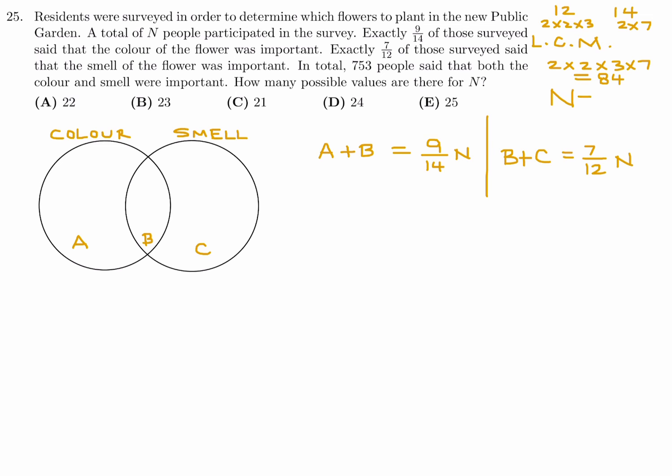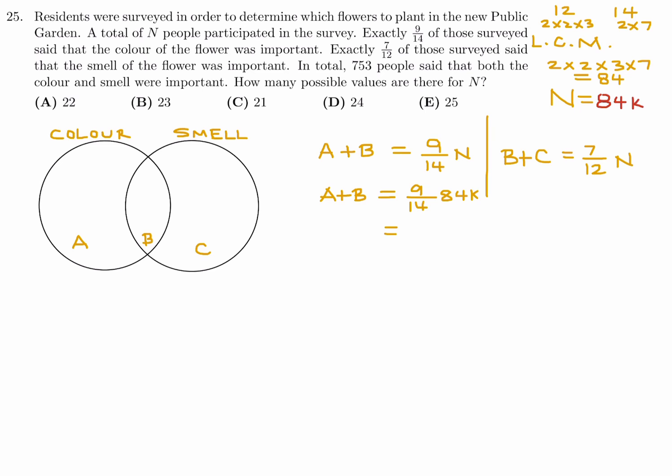So N is of the form 84K. It's got to be some multiple of 84. That's the only way we can make those integers, because A, B, and C are integers.